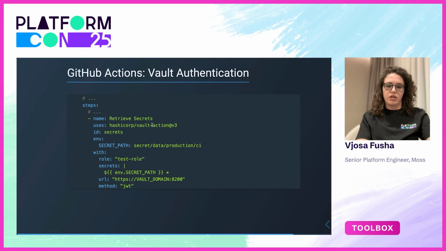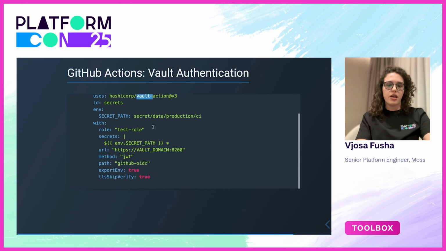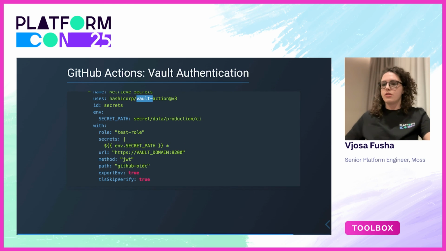I'm going to share the link so you can read more about this action. You can use this authentication method for Vault for other reasons. This is just one of the examples.